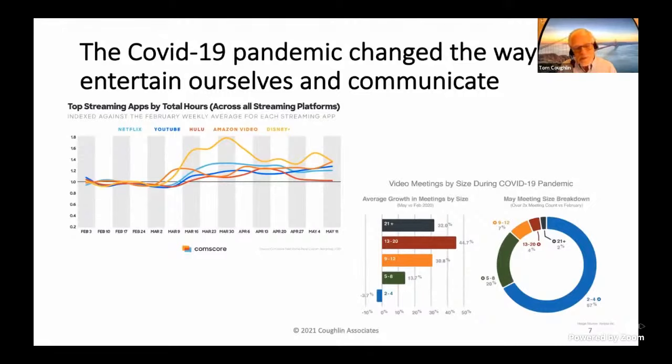And remote communication resources of various types were considerably used. In fact, it's basically the way that many of us who were able to continue working were able to do so is by remote work, because basically we were all isolated from each other.